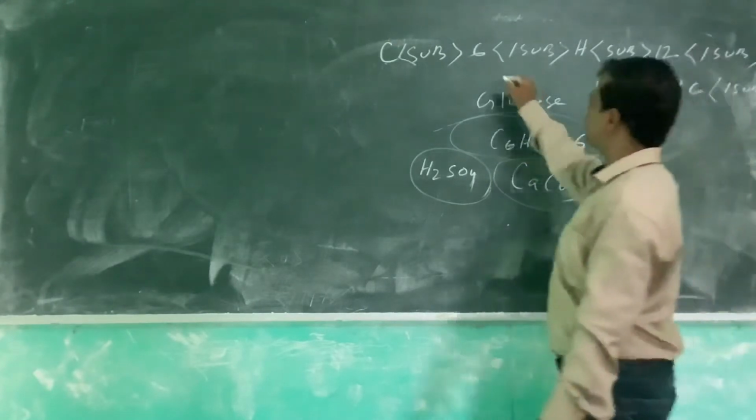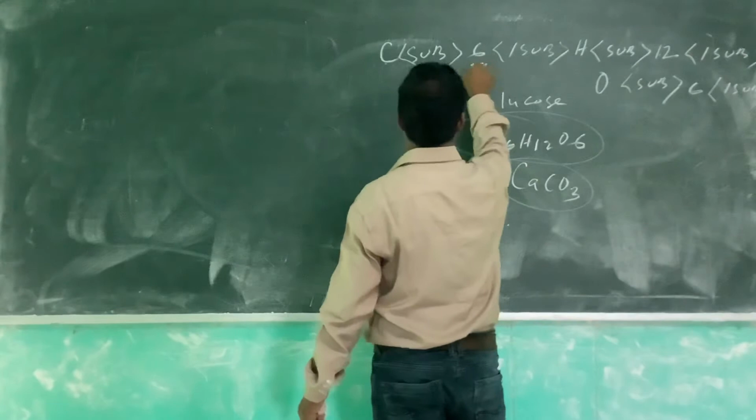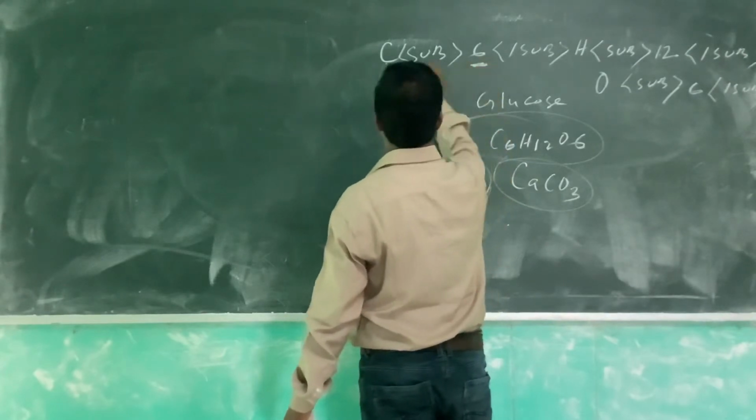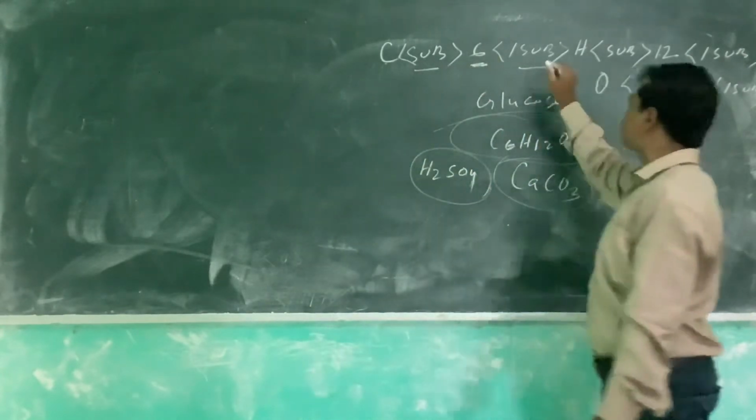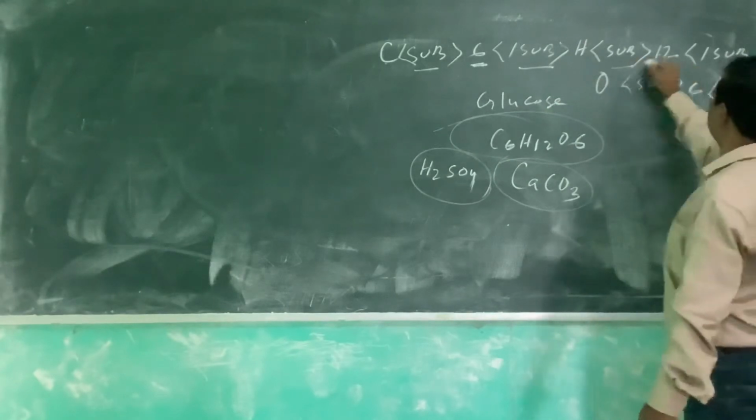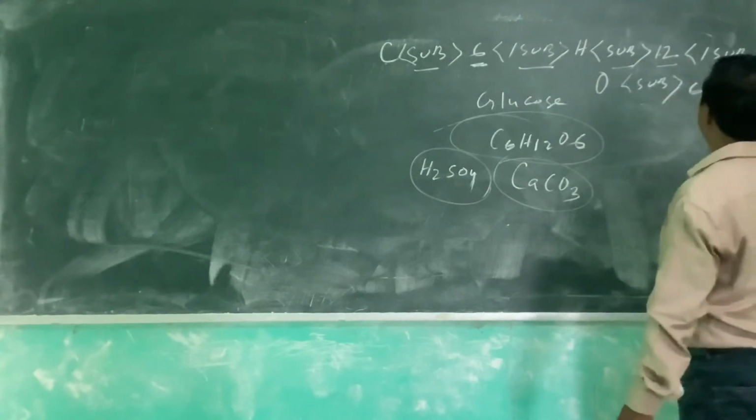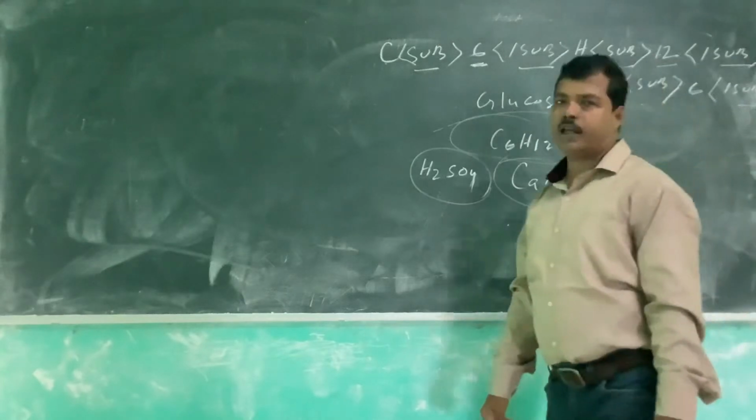So the numeral 6 is written between SUB and /SUB, 12 is written between SUB and /SUB, and 6 is written between SUB and /SUB.